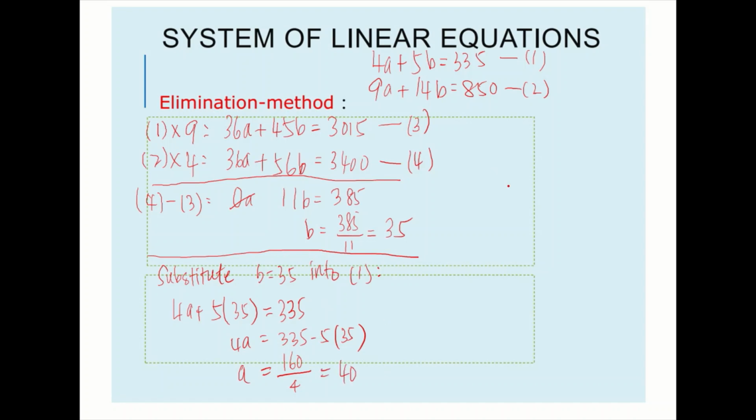So at the end we know the company should make 35 units of model B and 40 units of model A. This is the solution by the elimination method.